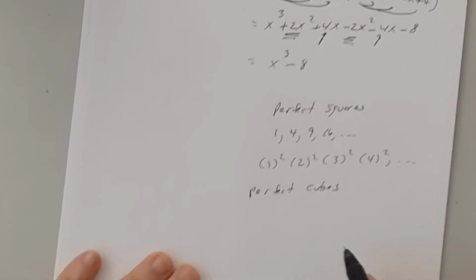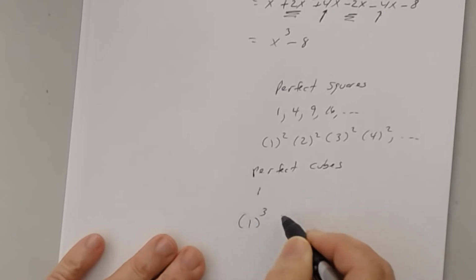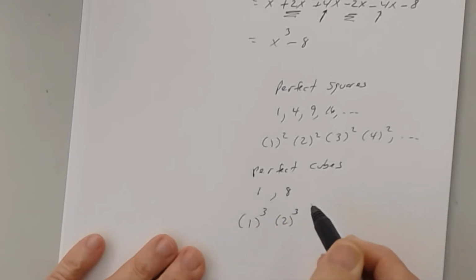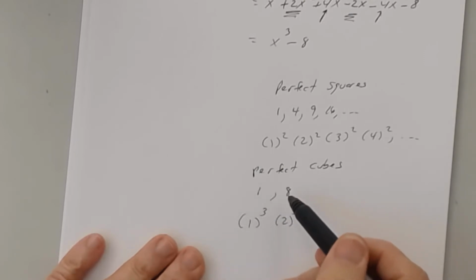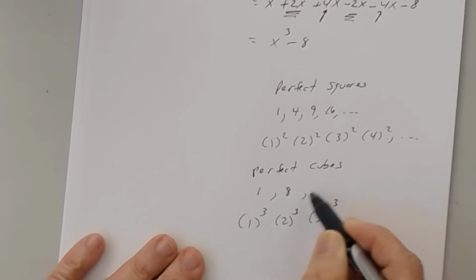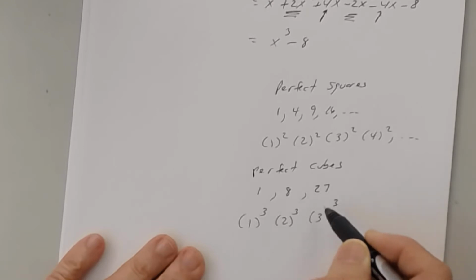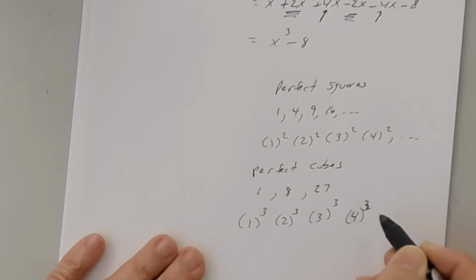So let's look at what our perfect cubes are. 1 cubed is what? 1. 2 cubed is what? 8. So my smallest perfect cube is 1. What's the next perfect cube? 8. What's the next perfect cube? 12 is not a perfect cube. 27, because 3 times 3 times 3 is 27. Now use your calculator for the next one if you need to. What's the next perfect cube?